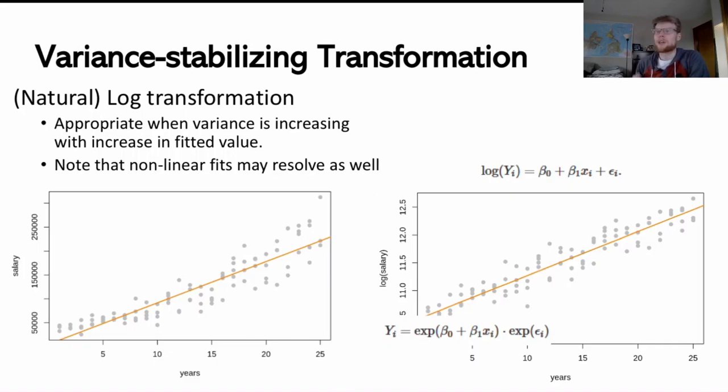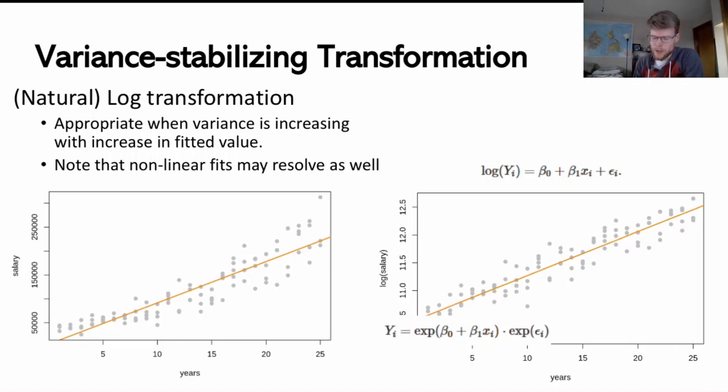We're not going to mathematically unpack logarithms in this class, so maybe you understand this, maybe you're a little rusty on what a log is, but just trust that transforming the response by taking the log will often equalize the variance for us in a model.